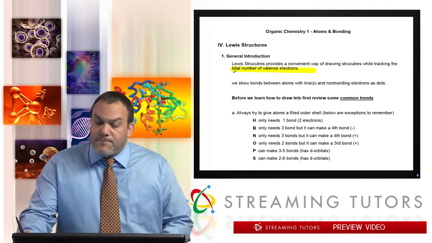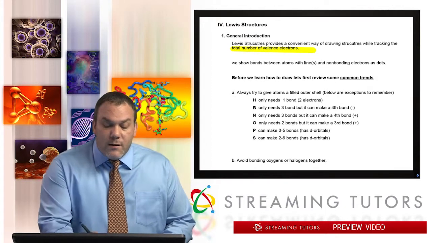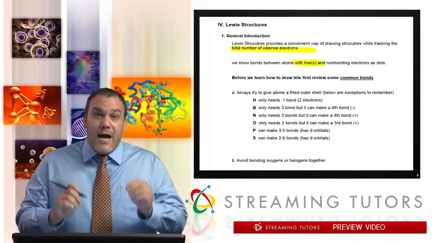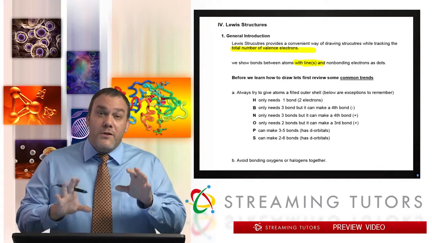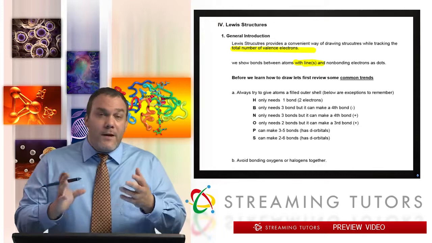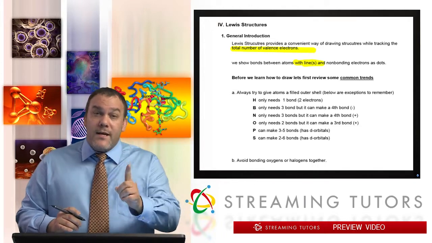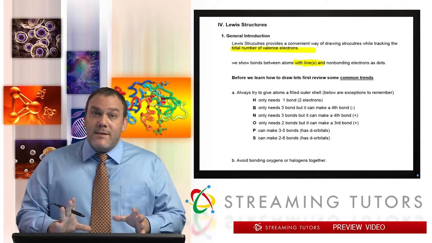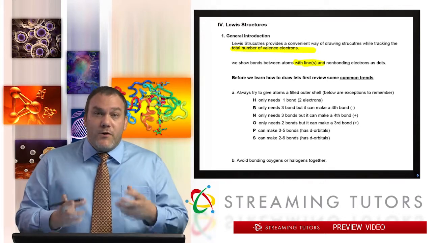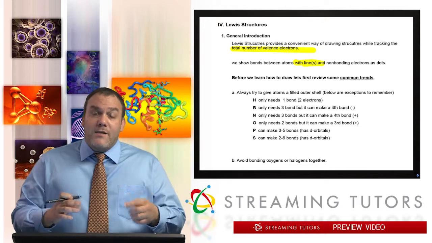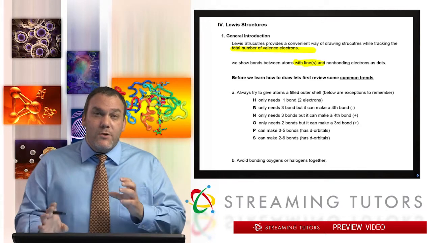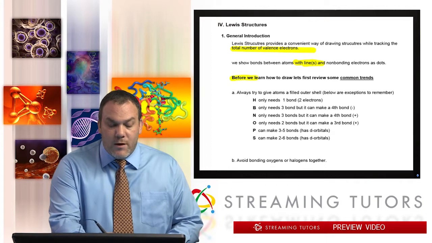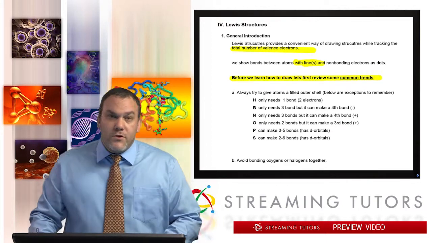Now, we're going to use a line to show a connection between atoms, and we're going to use dots to show lone pairs or non-bonding electrons. That could be either a lone pair or a single dot, which is actually called a radical. So we use dots for electrons that are non-bonding and lines for bonds between two atoms.